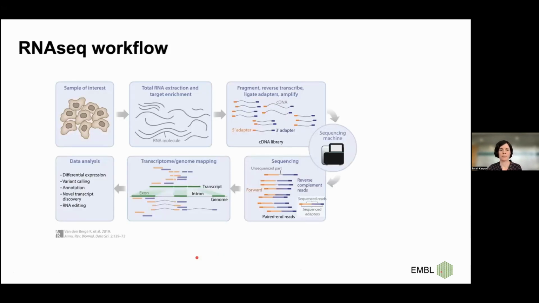Okay, so what we have is a sample out of each test person. In a nutshell, the samples go into some procedure where the RNA is extracted and fragmented, prepared for sequencing. Then the sequencing reads are mapped on the computer to some reference genome.